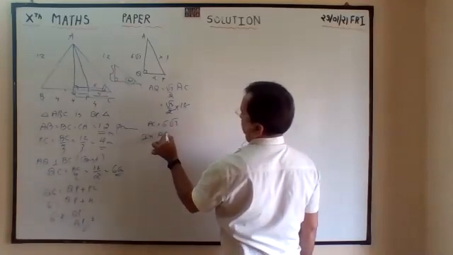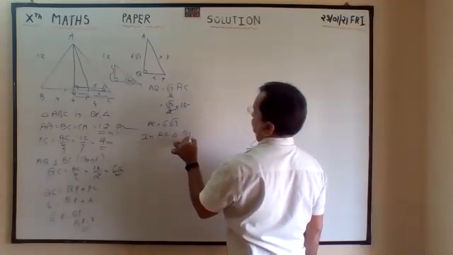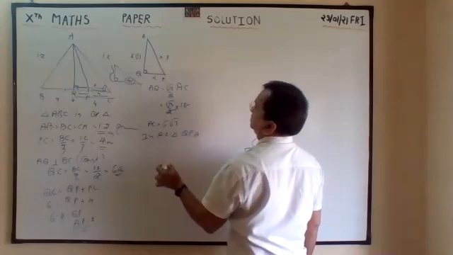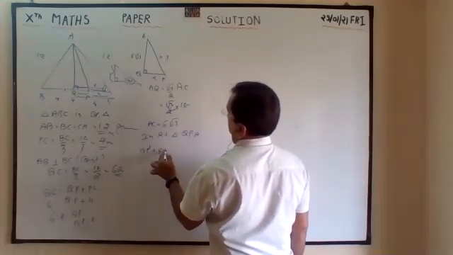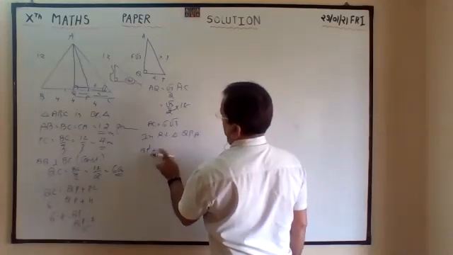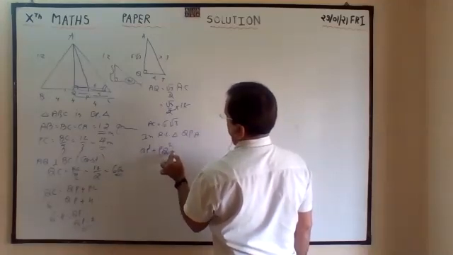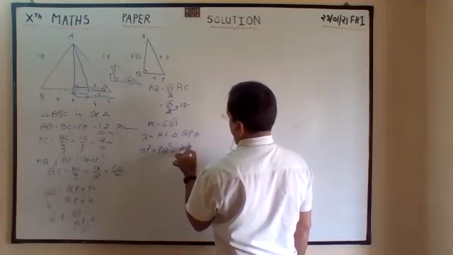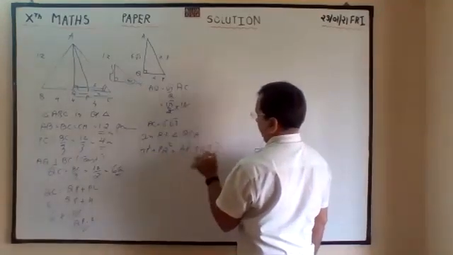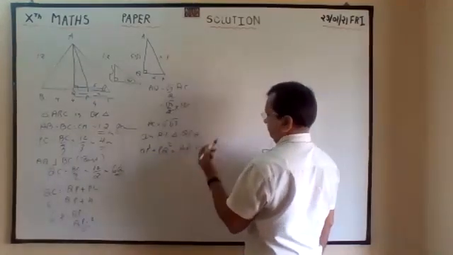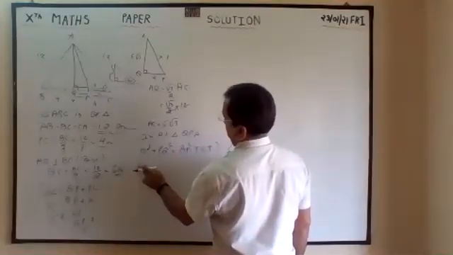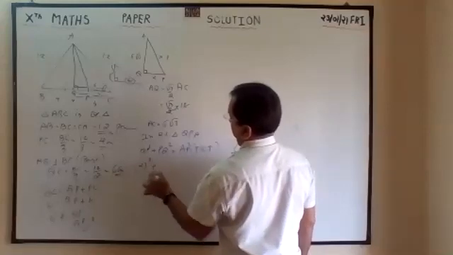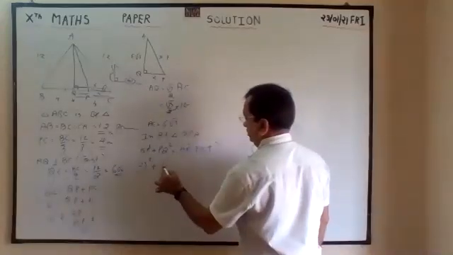So in right angle triangle QPA, QP square plus PQ square is equal to AP square. Pythagorean theorem. This is given 2 square. This is given 6 root 3.